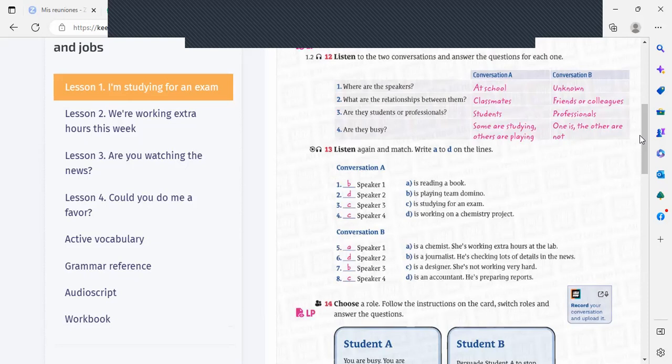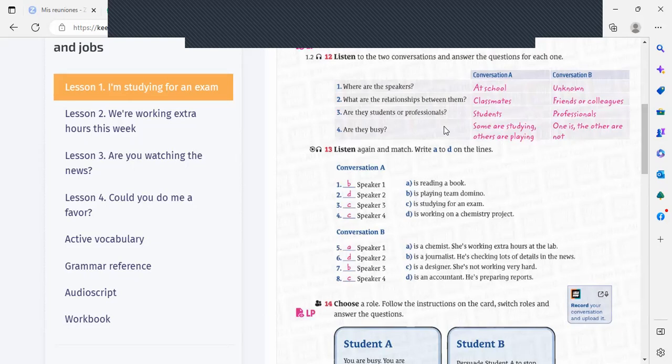What are the relationships between them? In the first one, I think friends, and the second one, I don't know, teacher. They are also friends or colleagues, because if they were in an office, they probably are colleagues, working together.